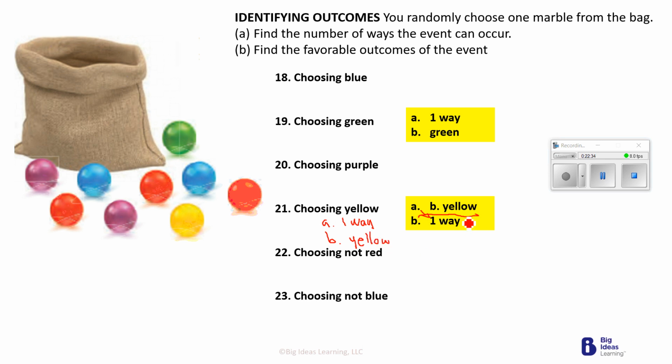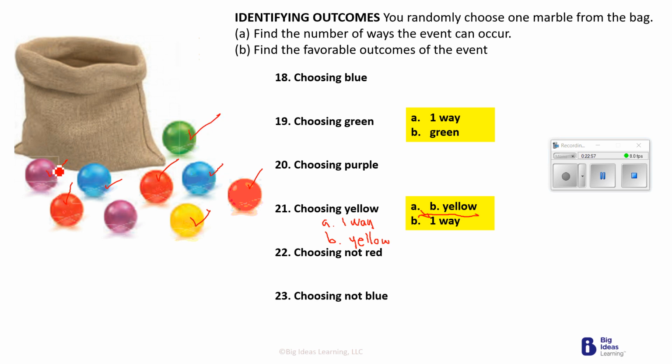All right, let's go to number 23. Choosing not blue. Okay, not blue. Well, not blue would mean it could be purple, right? It could be this red one, this red one, this red one. It could be this yellow one, this blue one, or this green one.